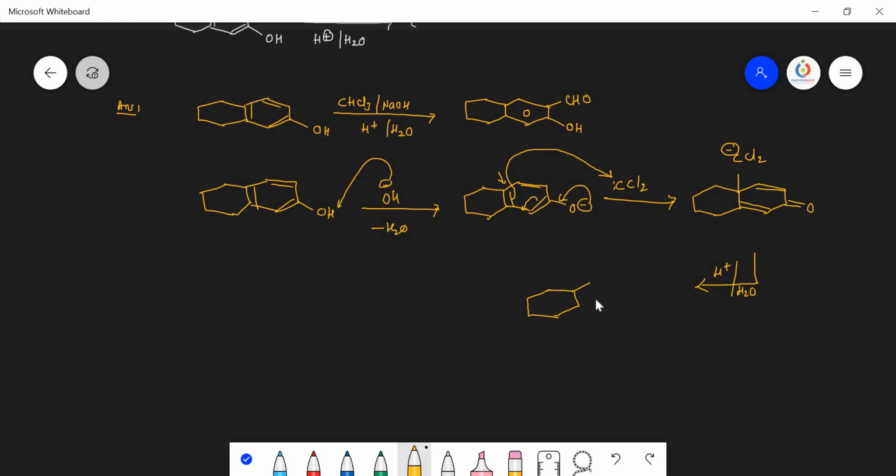You get another unexpected product, CHCl2. So this is the second product. Product 1 is the normal Reimer-Tiemann product, and product 2 is not the normal Reimer-Tiemann product. Actually, it is the para product with no aldehyde group.